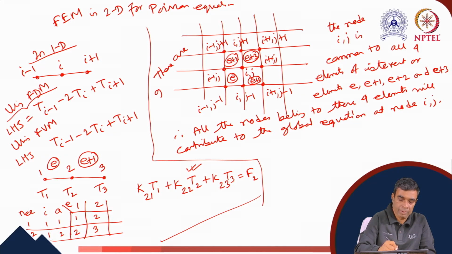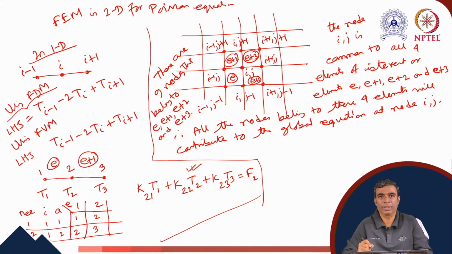There are 9 nodes that belong to E, E plus 1, E plus 2, and E plus 3. It means that all these 9 nodes will be present in the global or assembled matrix equation system at the ijth node. It means that when we deal with the finite element method for the same mesh structure, we have 4 extra coefficients.